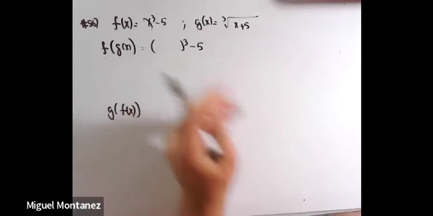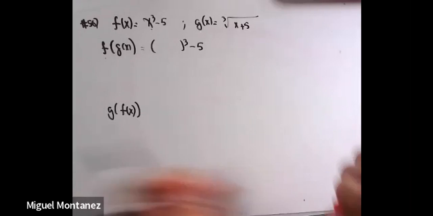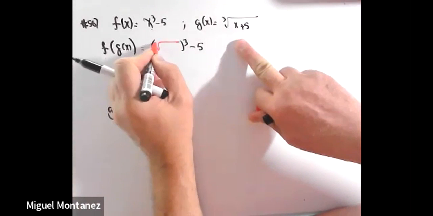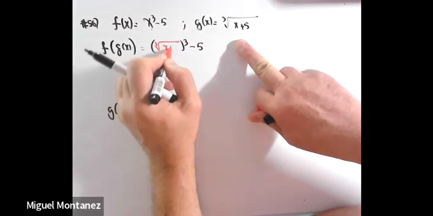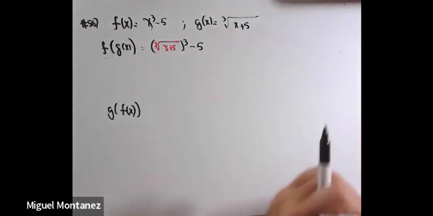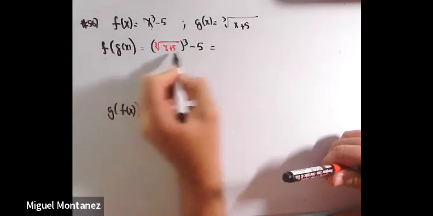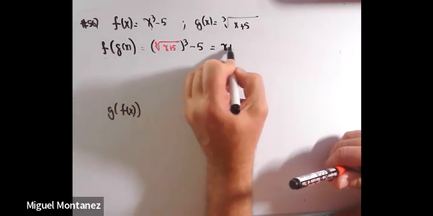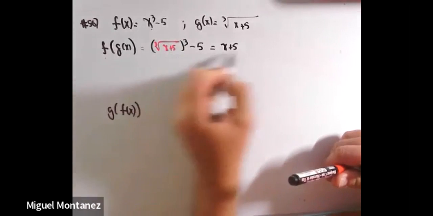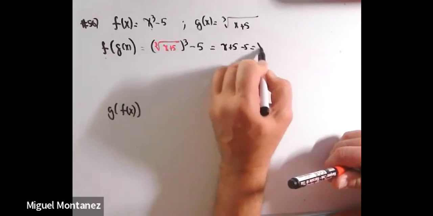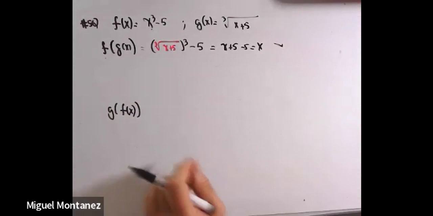Cube minus 5. But the input will be the g function. So we input here the cube root of x plus 5. Cube root, bye-bye. So here in the parentheses, we have x plus 5, the radical goes out, minus 5, the answer will be x. 50% done.